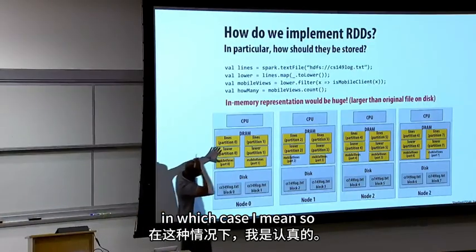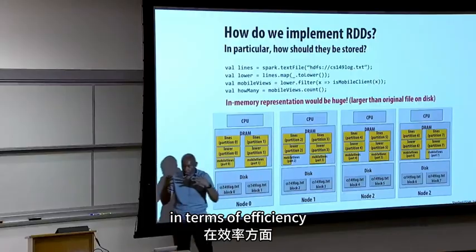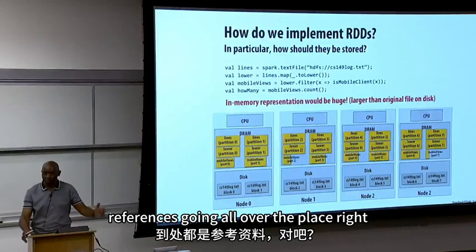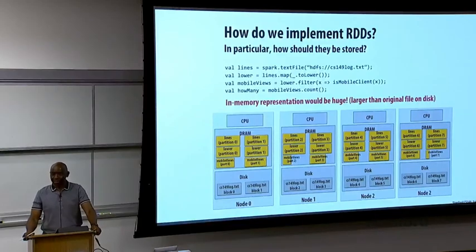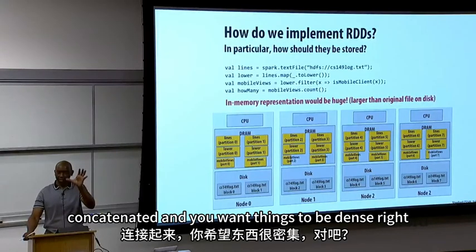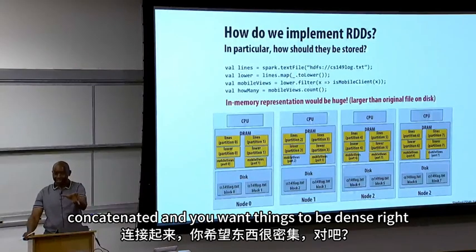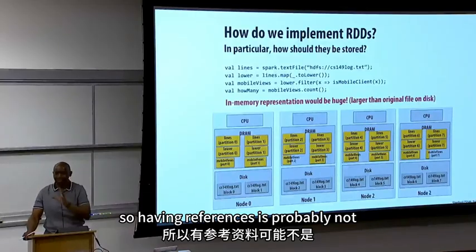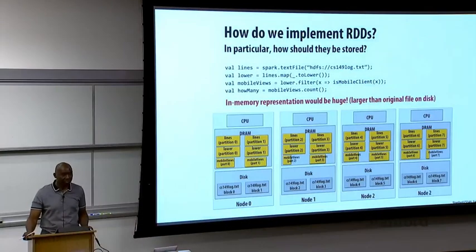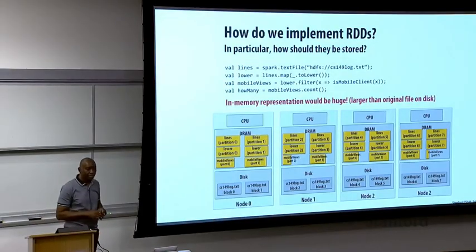In terms of efficiency, you probably don't want references going all over the place. You want things to be concatenated, and you want things to be dense. So having references is probably not a very efficient way of doing things. Other questions?